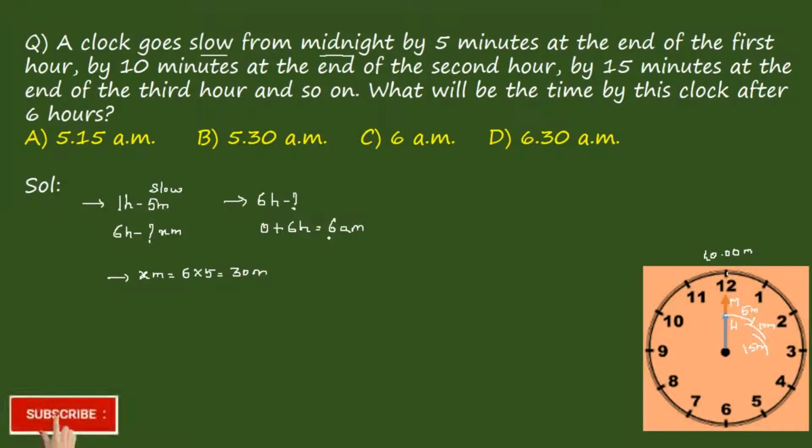Then at 6 a.m., it becomes 30 minutes slow, which is 6 a.m. minus 30 minutes, which is 5:30 a.m. So the correct answer is option B. At 6 a.m. it becomes 30 minutes slow, so it is 5:30 a.m.